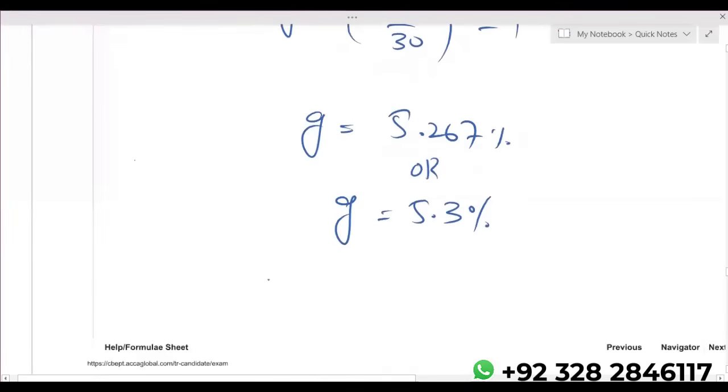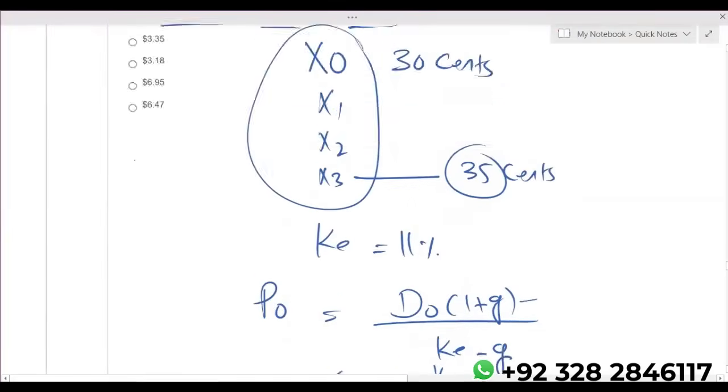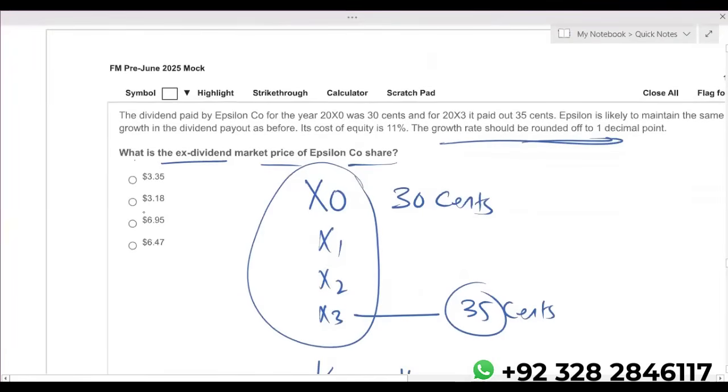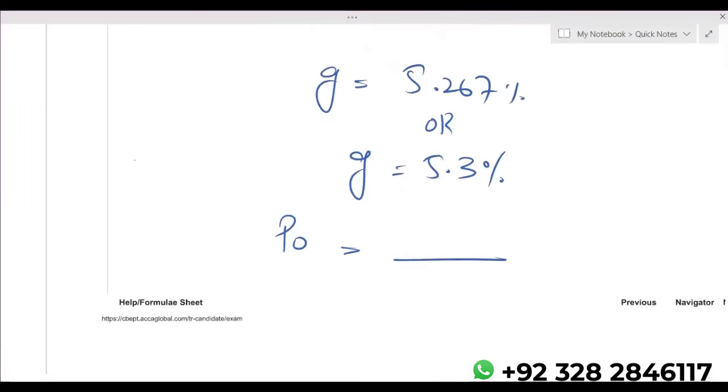So simply P0 is equal to, and please look at this also: all the options are in dollars. The dividend the examiner has given us is in cents, but we need P0 in dollars, not in cents. So I'm writing $0.35, not in cents, into 1.053, upon Ke 11% minus 0.053.